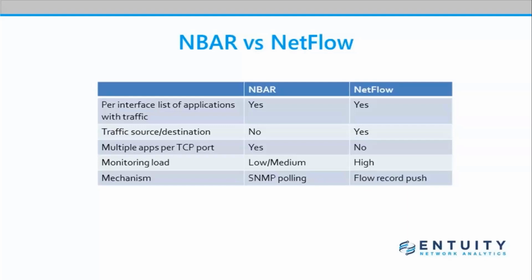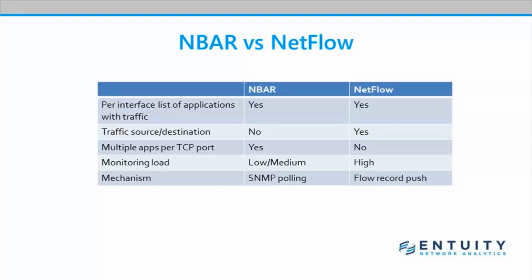With NBAR, if you've got multiple different applications using, for example, HTTPS, which is not uncommon, then with suitable configuration and sometimes default settings on the routers supporting NBAR, you will be able to differentiate those and count the traffic on one application separately from another. You can't do that with the flow reporting. All of the HTTPS would be lumped together in terms of being treated as the same application.